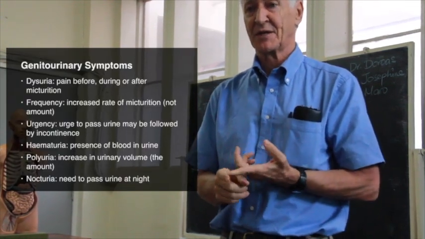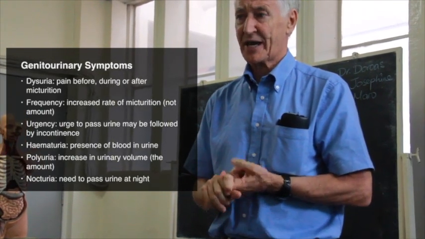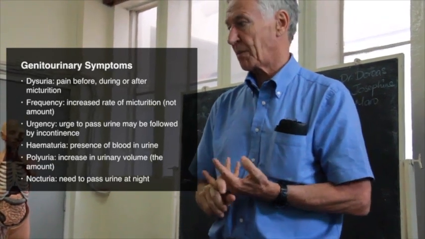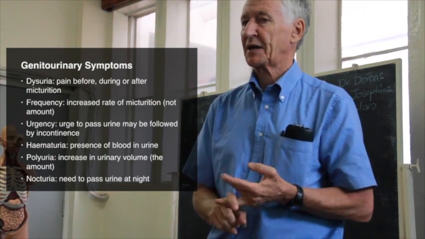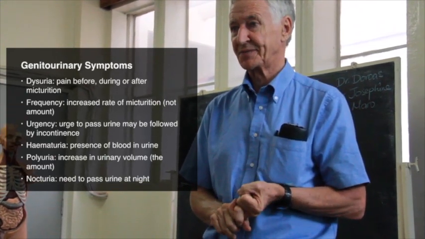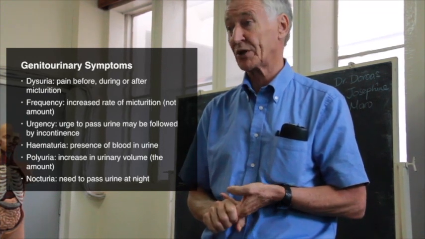You ask about their urinary frequency, day and night. Do they have any difficulty or pain on passing urine? And then you ask about the urine content. Is it normal or is it abnormal? And if it's abnormal, what do they mean?